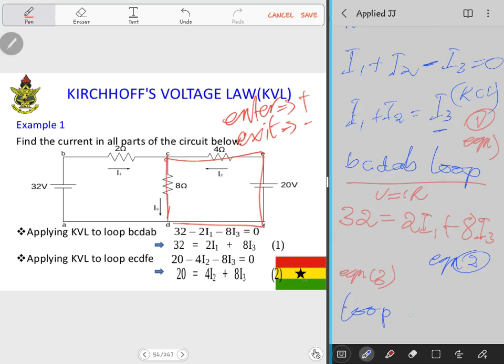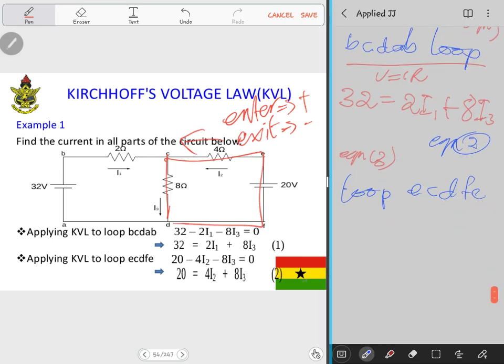So I'm choosing E C D F E, meaning I'm going by this convention. How many voltage sources? Just 1, so 20. And then this one is in the direction I'm looking for, so 4 I2. This one too is the same direction, so plus 8 I3, right?